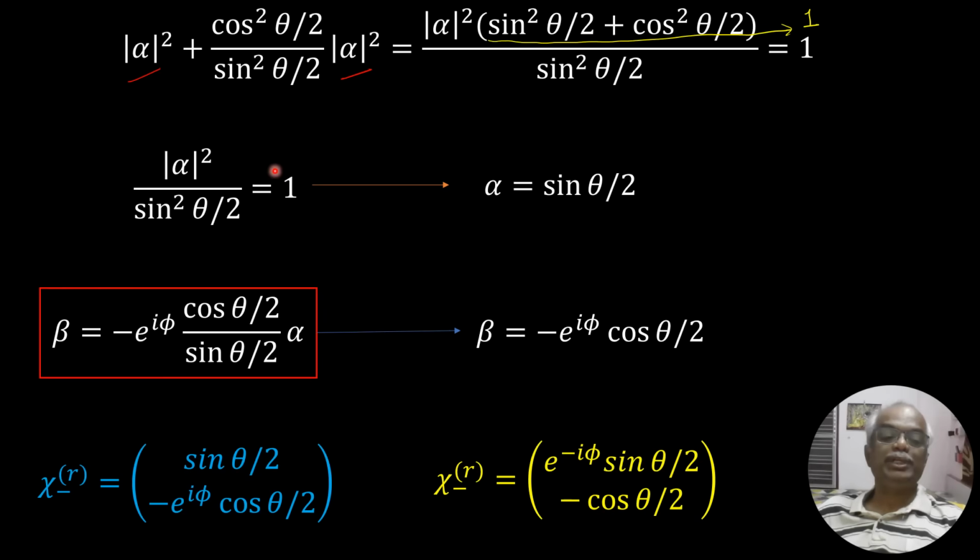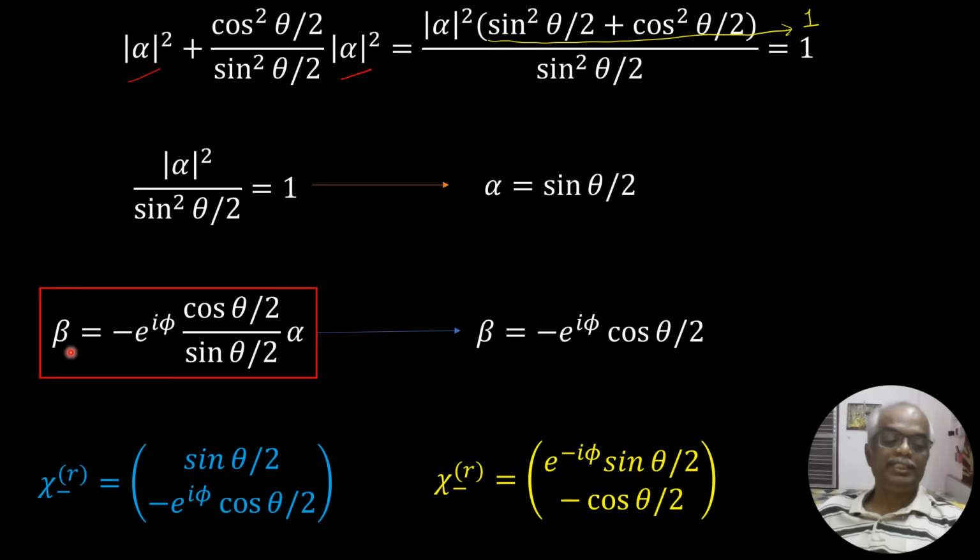So modulus alpha squared over sine squared theta over 2 is equal to 1. From this we can find that alpha is equal to sine theta over 2.